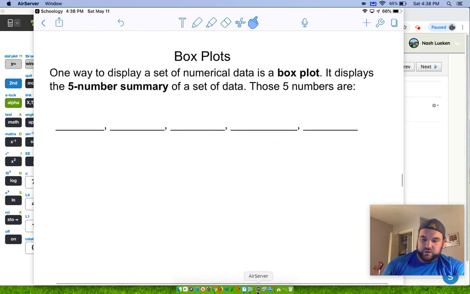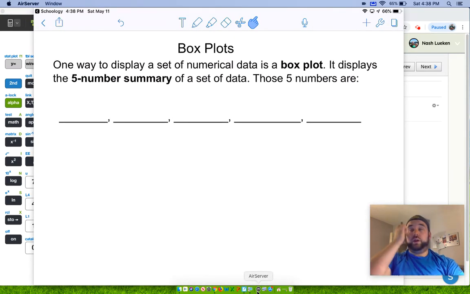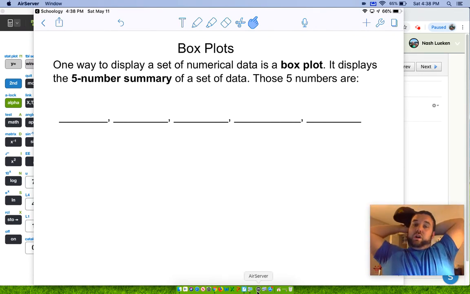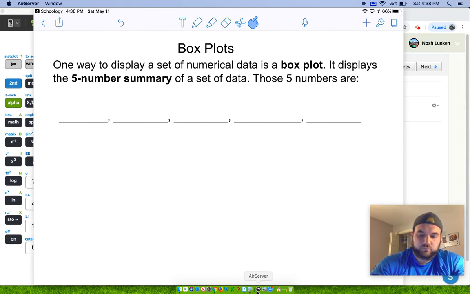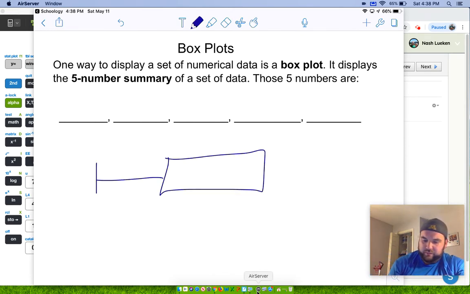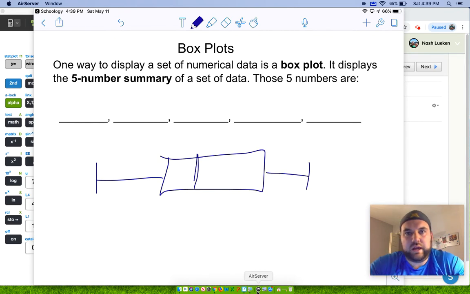All right. One way to quickly summarize a data set is to draw what's called a box plot. You may remember them from middle school or elementary school as box and whisker plots. A box and whisker plot looks something like this. There's a box in here with a line in it, and then you've got whiskers coming off the edge.